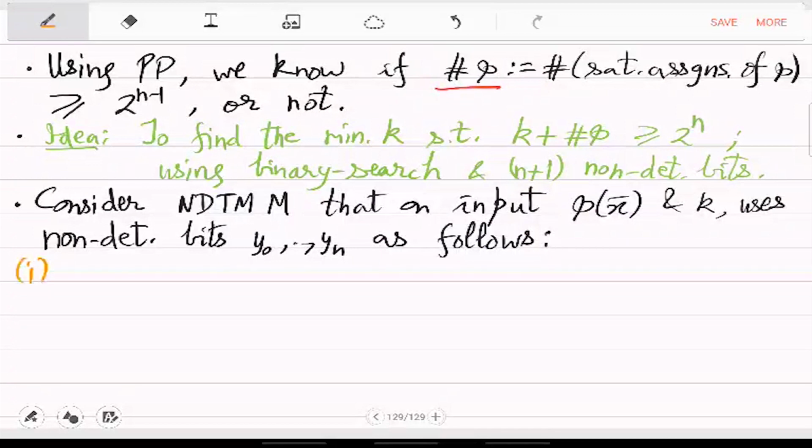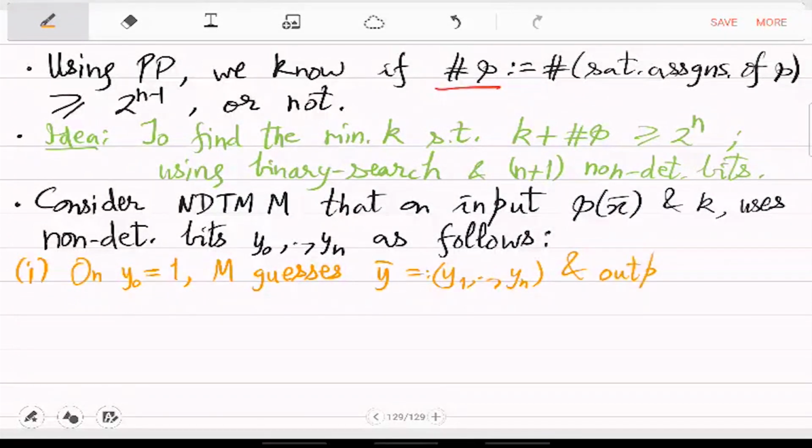On y0 equal to 1, M guesses y, these n bits, it makes this guess and outputs phi of y bar.